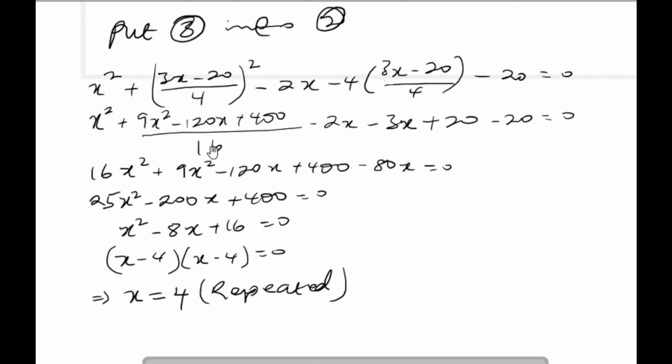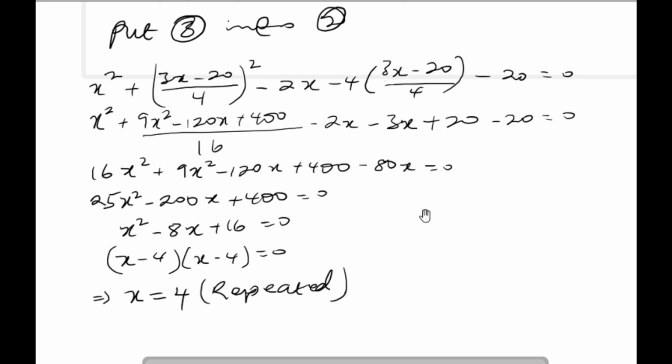We multiply through by the 16 to get rid of the fraction, so that is what gives us 16x squared plus 9x squared minus 120x plus 400. Then adding these two gives us negative 5x times the 16, which gives us negative 80x.